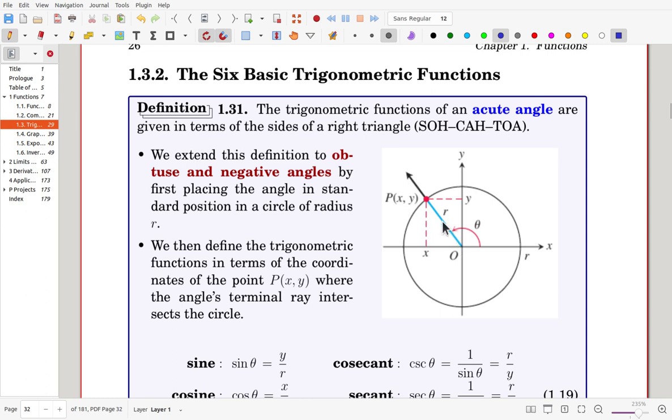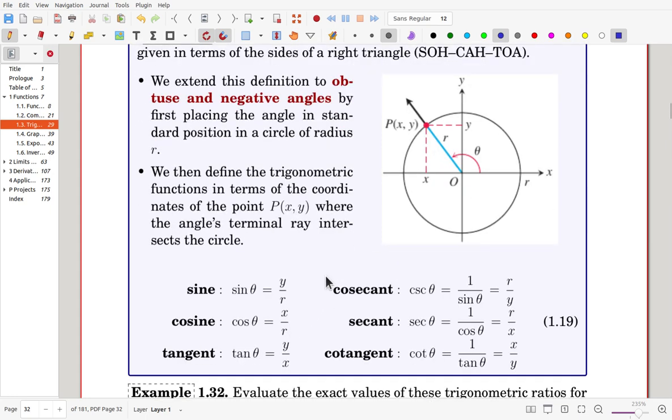Once this line hits the circle, that point will have an x component and a y component. So that is the x value and y value. We define sine as y over r.